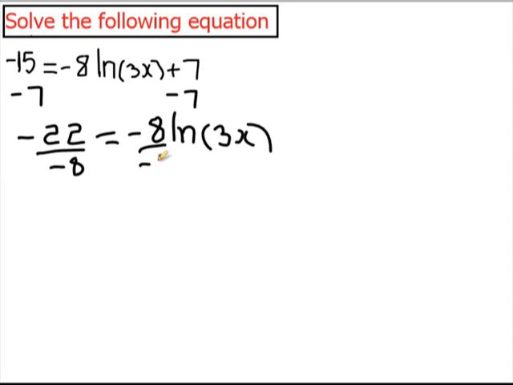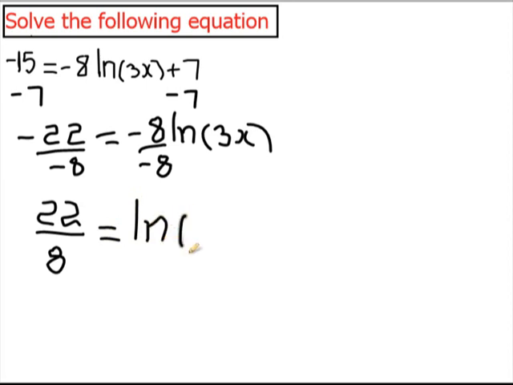Okay, now what I have is 22 over 8 equals 22 over 8. So minus minus gives me plus, and I have log 3x.